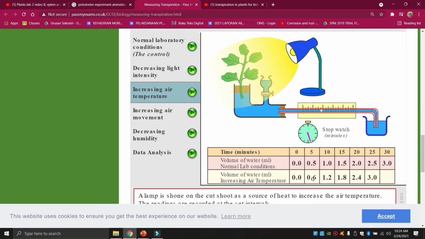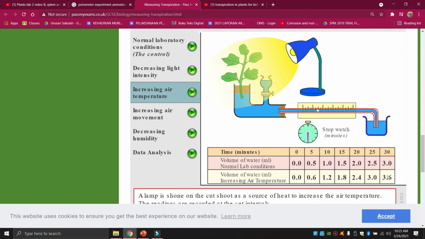When it absorbs more water, it means water is lost, so it has to absorb to replace the water lost. You can see it is quite high: after 30 minutes, 3.6 millimeters of water is absorbed.